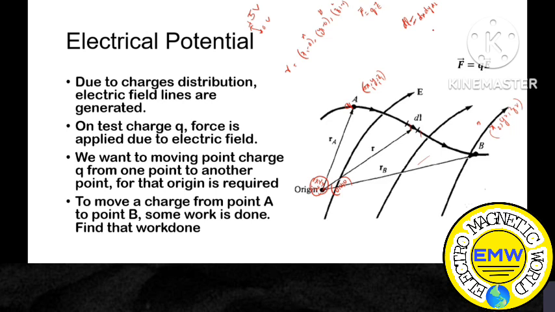And if it is in the cylindrical coordinate system, then it will be d rho, rho d phi, and dz. And if it is in the spherical coordinate system, then the equation will be different. I think I have already given you the formulas for the differential length dl in your first chapter.